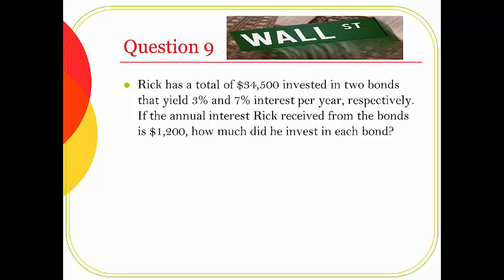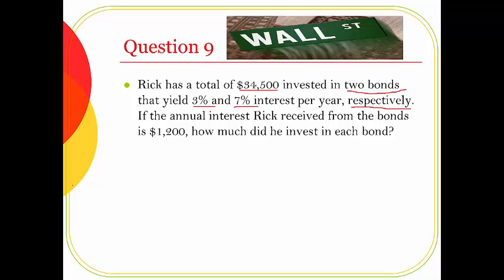So here we are looking at what? A total of 34,500 invested in 2 bonds. And what are their yields? 3%, 7%, respectively. Respectively means first bond is 3%, second bond is 7%.